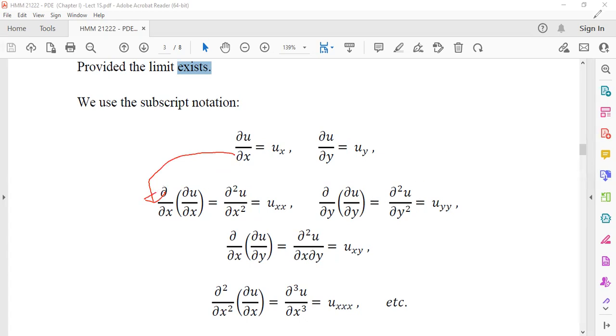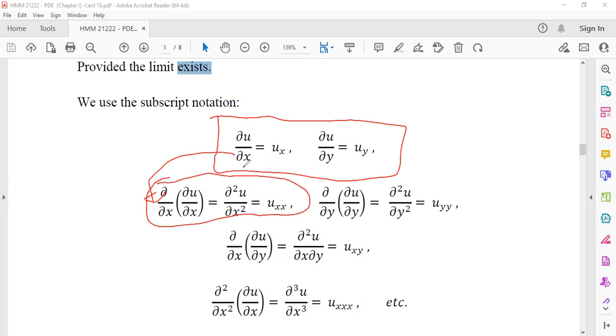How can you denote that one? I said the first derivatives are denoted this way: ux, uy. So how about notating this one? It means del over del x of del u over del x. Okay, what does it mean?